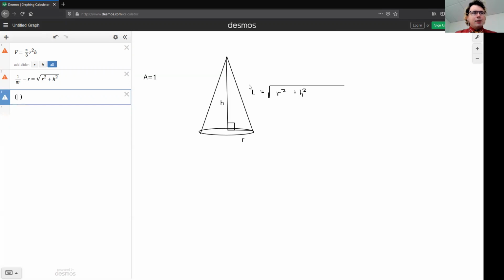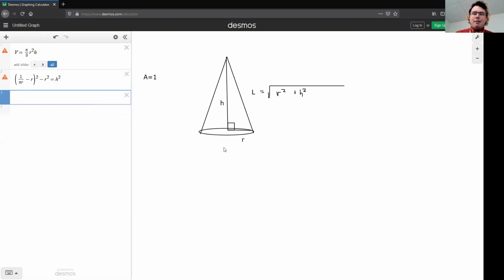So squaring the fraction, 1 over pi r minus r, squared is equal to r squared plus h squared. Okay. Then I can subtract an r squared from both sides. So that square that I had before, minus r squared, is equal to h squared.